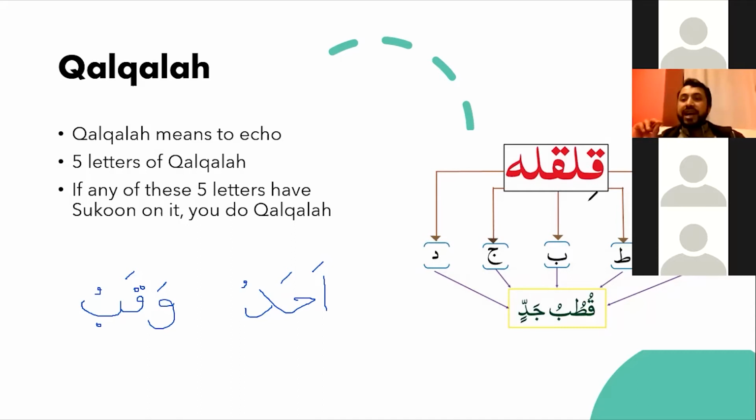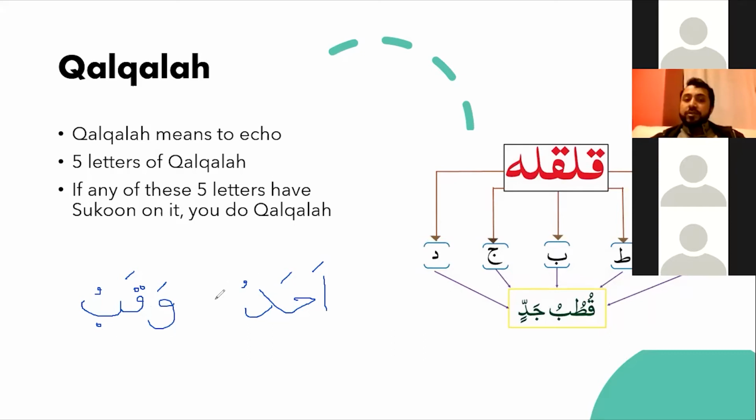So instead of saying ahad, we're going to say ahad, ahad. Or when you say waqab, we stop there. But if we do it with qalqala, we'll say waqab. I get where you're coming from.